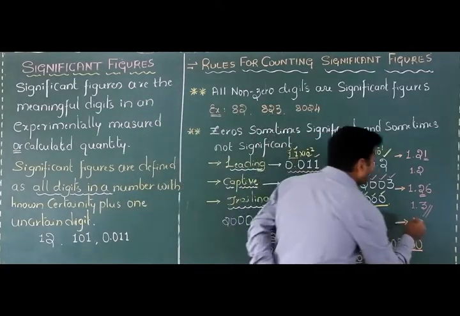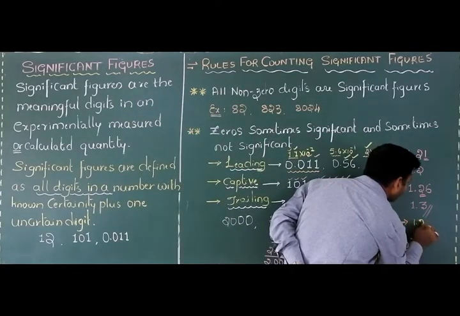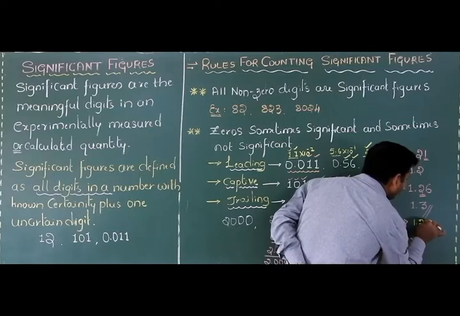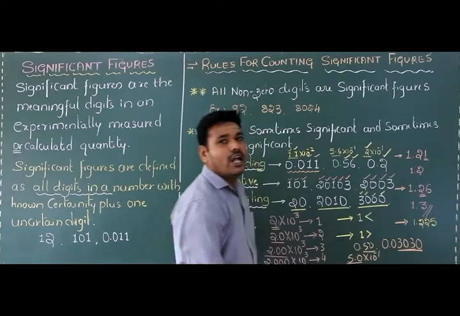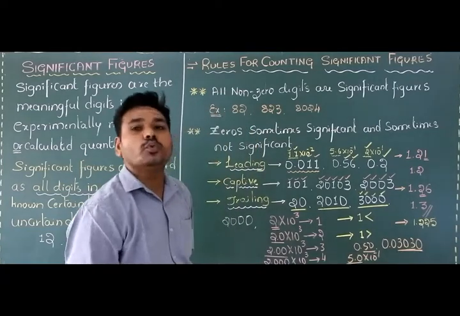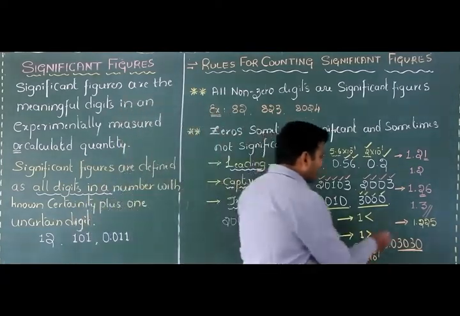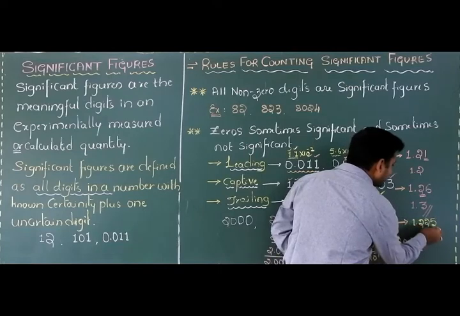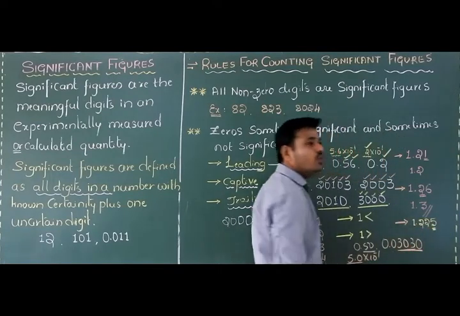Listen this example carefully. 1.225, this is the given number. ಹೌದಾ? 1.225. ಇಲ್ಲಿ ನೋಡಿ, 1.225 ಅಂತ ಅಂದಾಗ this is the last digit is equal to 5.